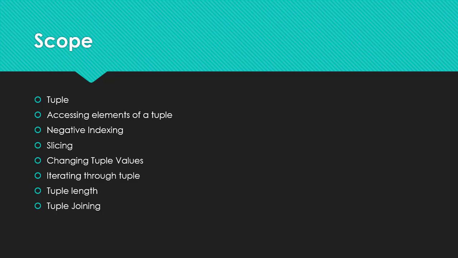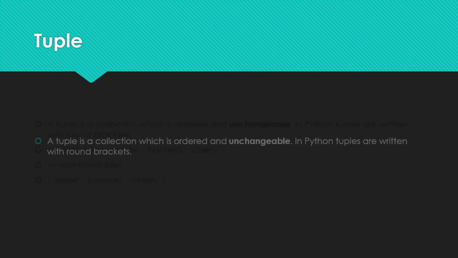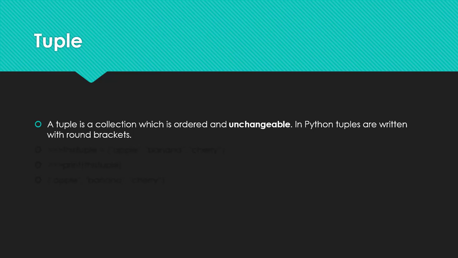So let's get started. So what is a tuple basically? A tuple is a collection which is ordered and unchangeable. In Python, tuples are written with round brackets. In the video lessons 16, 17 and 18, we have discussed a lot about lists, which is also a collection, which is also ordered, but lists are mutable while tuples are not mutable.